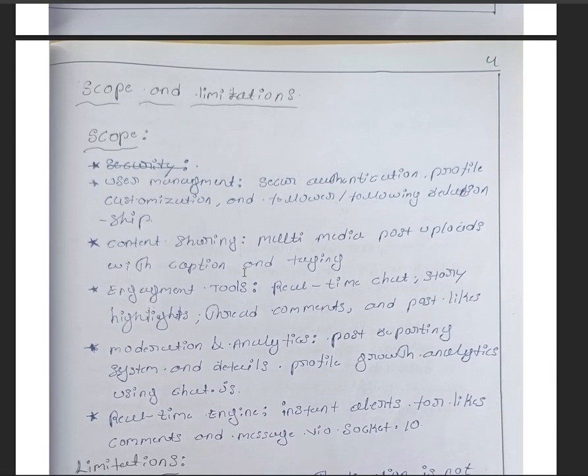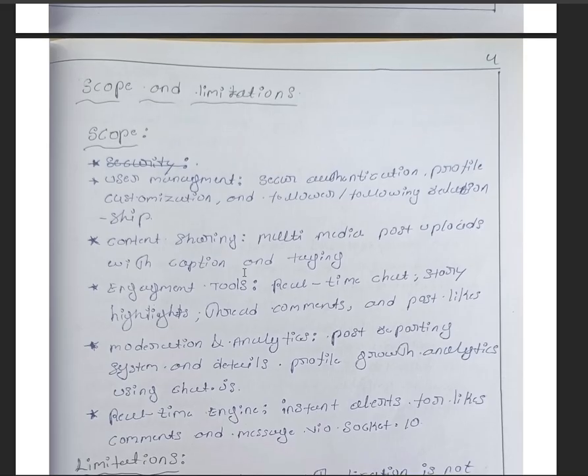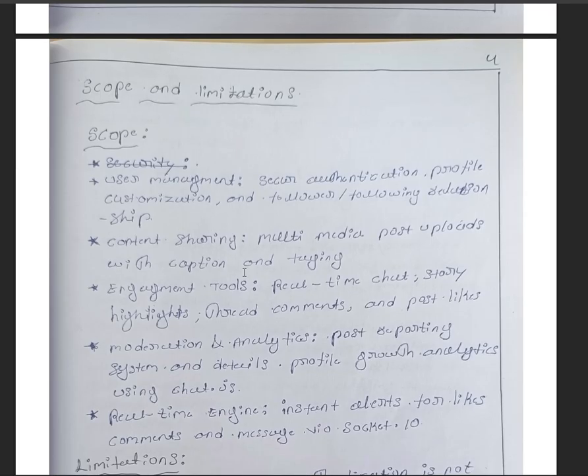Next is scope and limitations. Now I explain scope. User management: secure authentication, profile customization, and followers and following relationships. Content sharing: multimedia post uploads with captions and tagging.